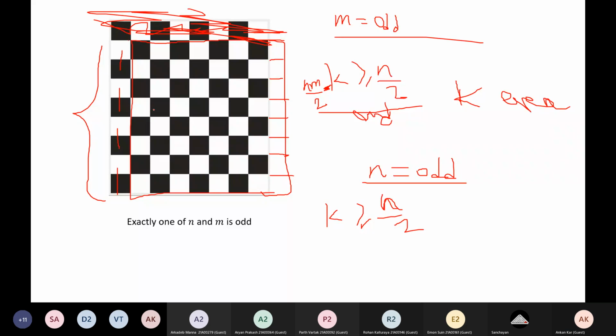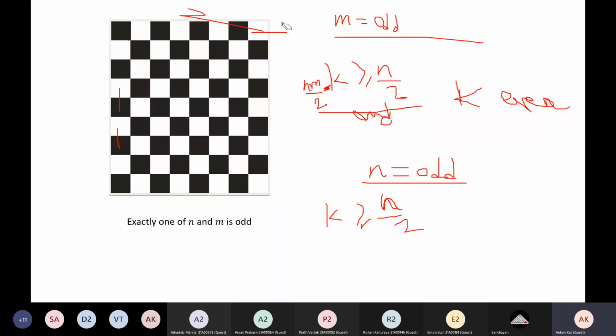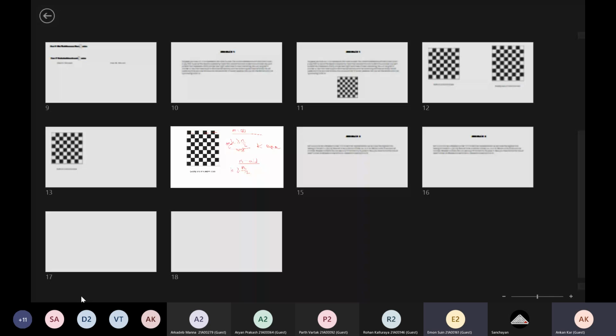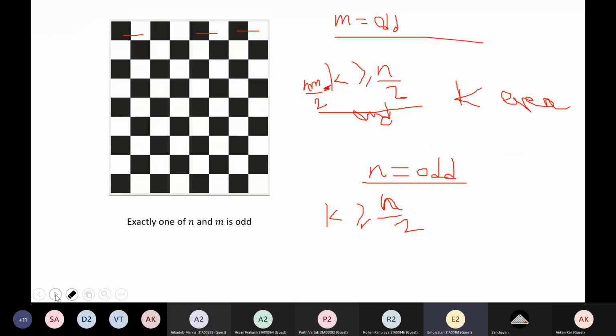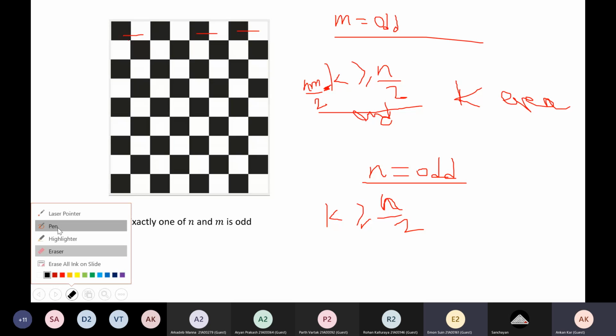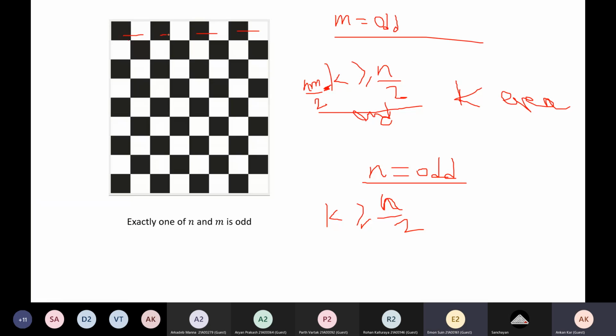If n is odd, you just need to put at least k dominoes. But when n is odd, why will k not be odd?